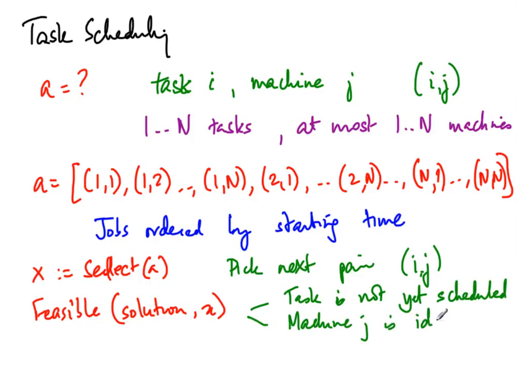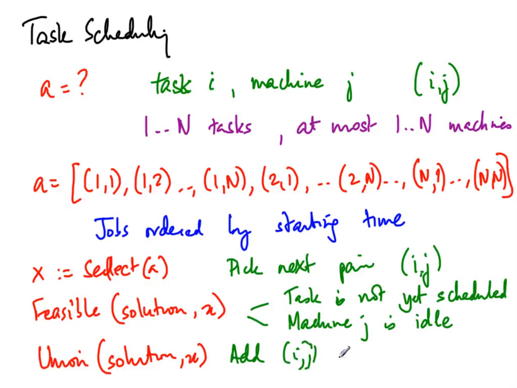That is, when task I has to start, machine J should be available. If this is true, I can add it to the solution. If this is not true, I have to go to ij plus 1. Remember that there are n machines, so for some J this will always work. And of course, the union is easy now. When I do union solution X, this just means add ij to the solution set.